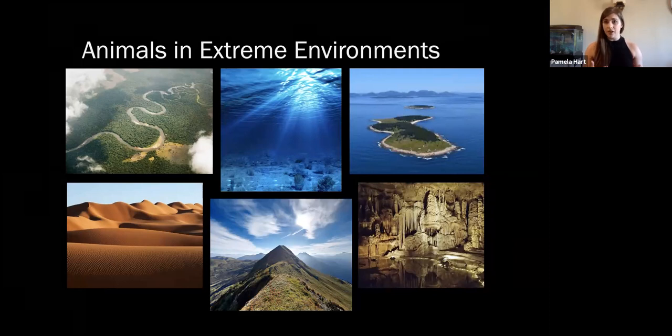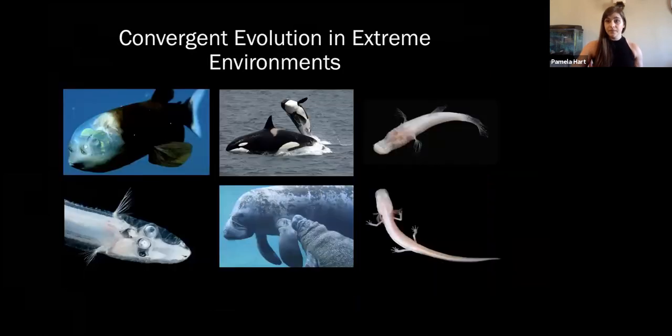And within these environments, we find examples of convergent evolution. Convergent evolution, or the independent evolution of similar traits in species of different lineages, can be seen here in deep sea animals with modified vision, marine mammals with streamlined body plans and the loss of legs, and cave animals with the loss of eyes and pigment.